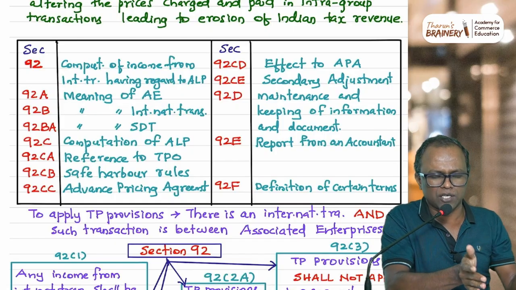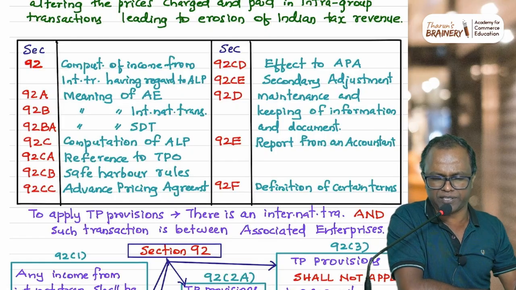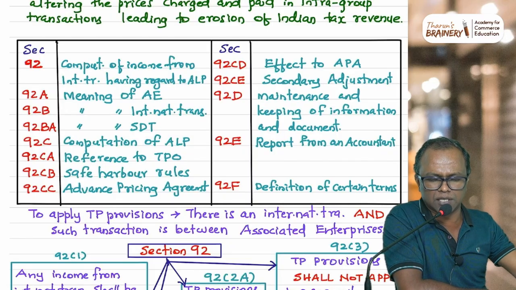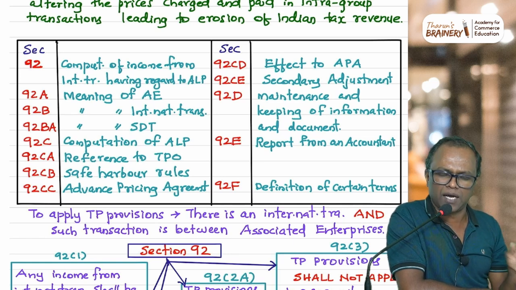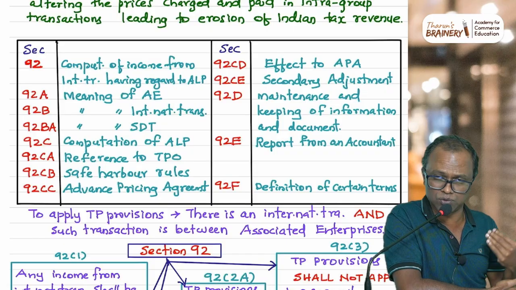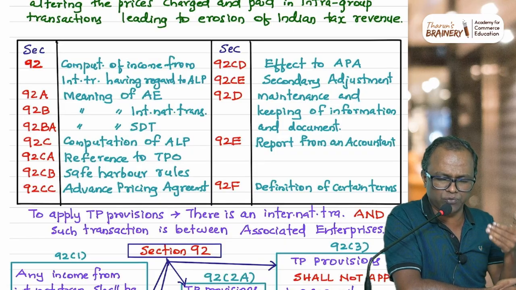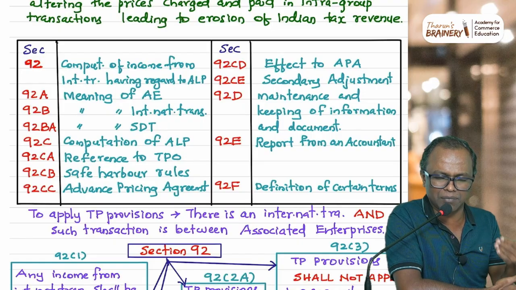So if your annual turnover does not exceed this much limit, and if you show this much profit, say cost incurred plus 20%, your pricing will be accepted and we will not disturb you; your profit will be accepted. That is known as safe harbor rules. These are the circumstances under which the department will accept the transfer price declared by the assessee.